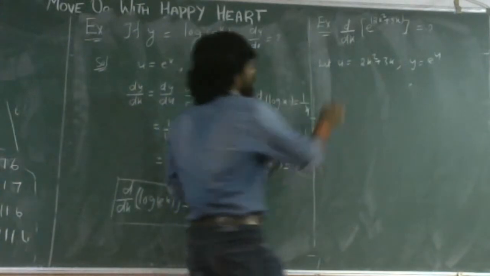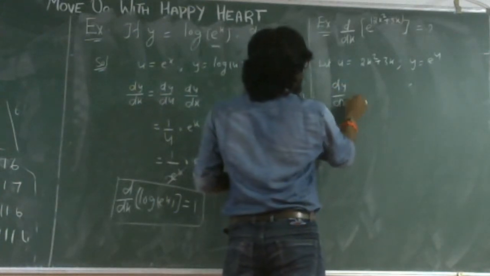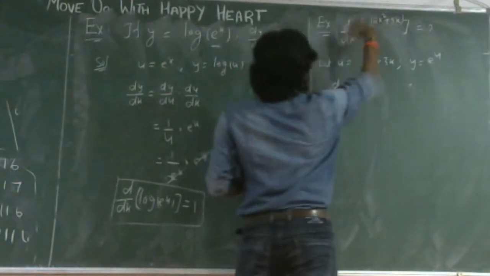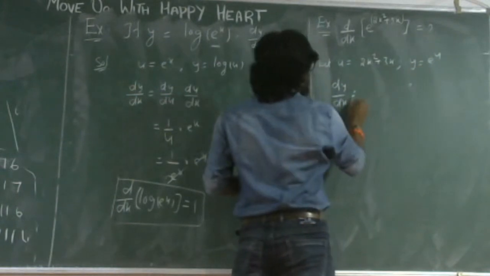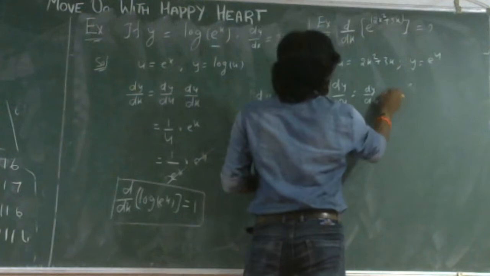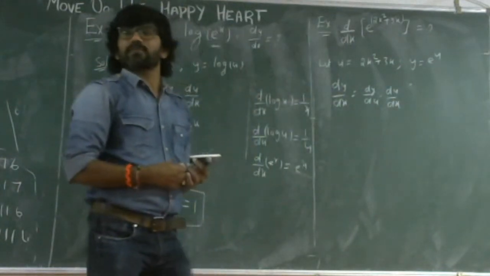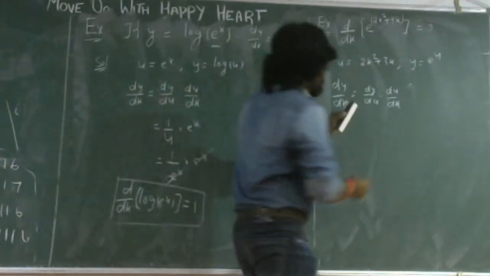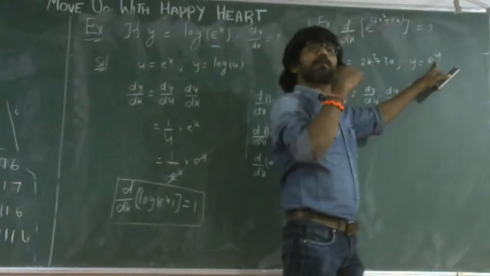Now dy by dx, this entire thing is y. dy by dx is dy by du into du by dx. So y in terms of u is e power u.